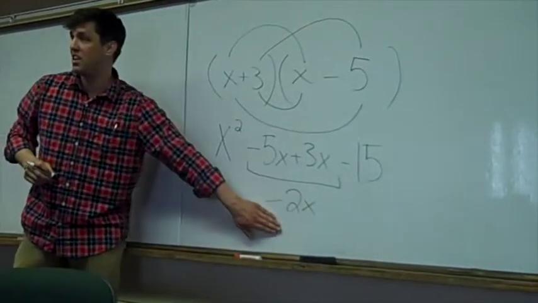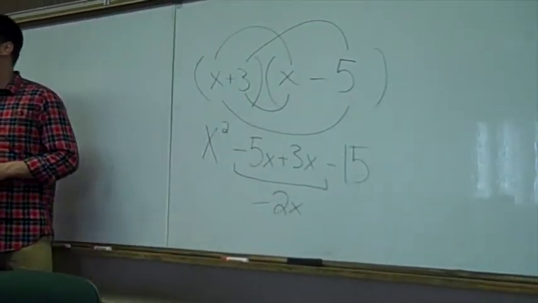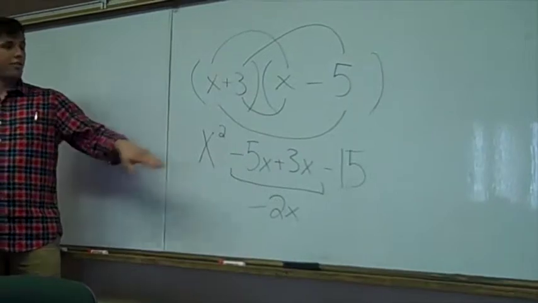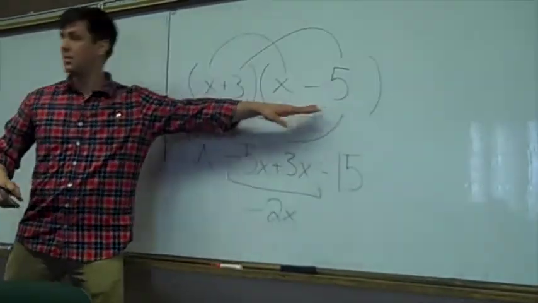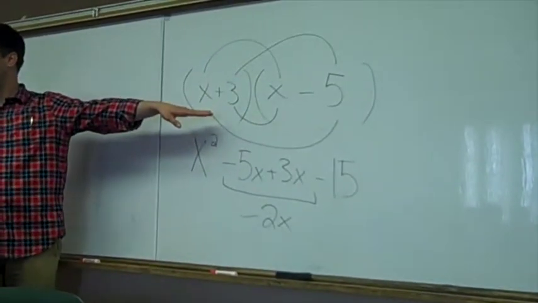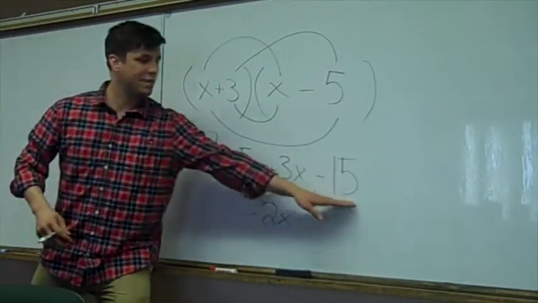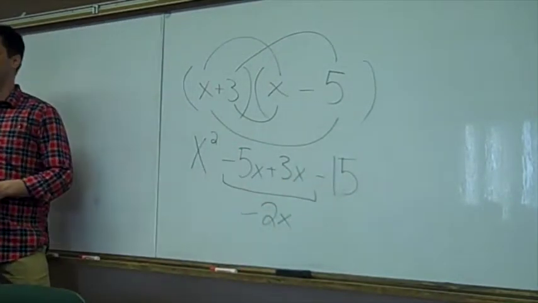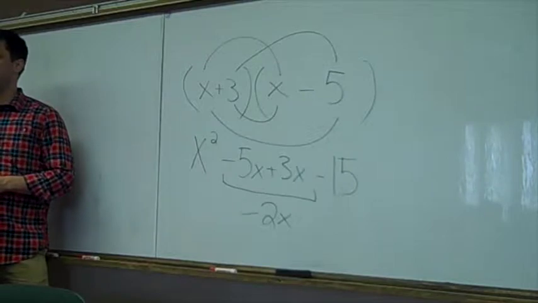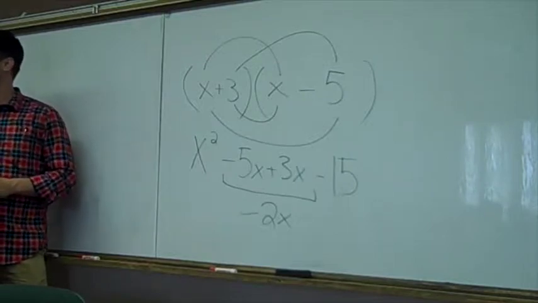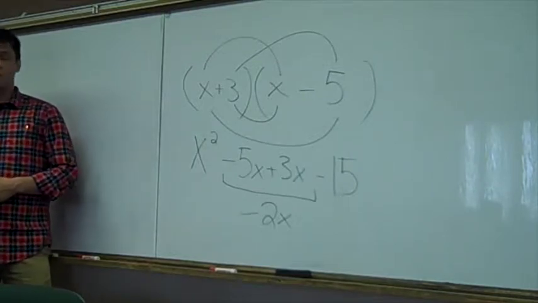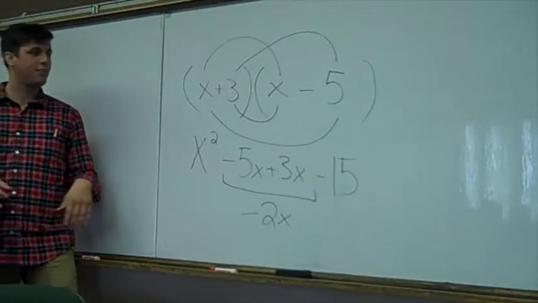This middle number, the -2x, we got -2 from adding -5 and 3. And then this last number, how did we get a -15? Lexi? By multiplying the 3 and the -5.